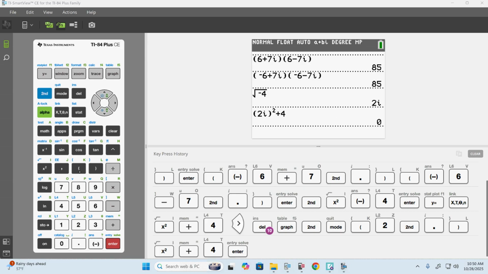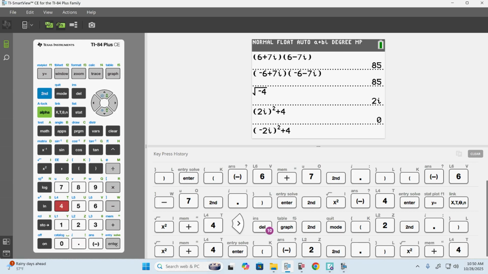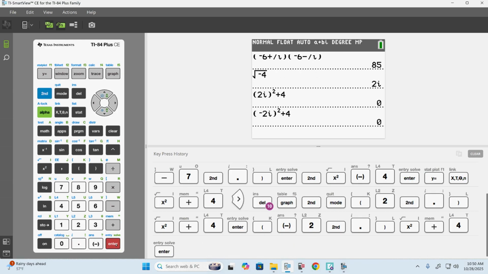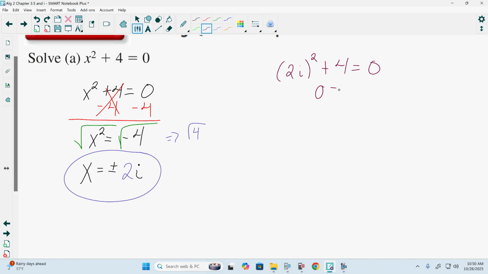And the same thing is true for negative 2i squared plus 4. It is still 0. We can plug them into the calculator and see that 0 equals 0. So they both work. Questions on this here?